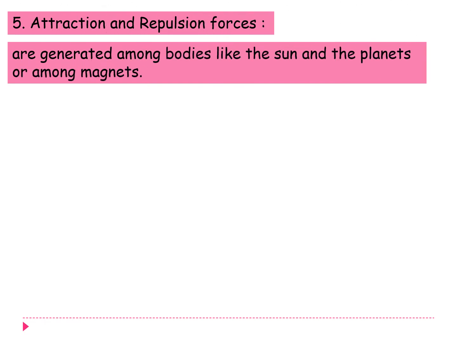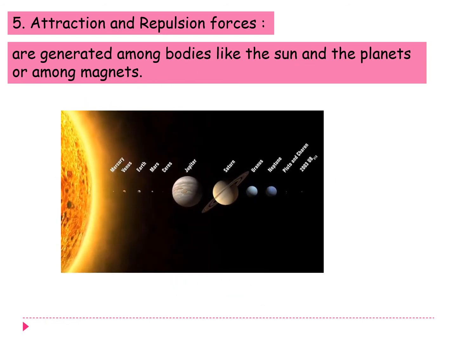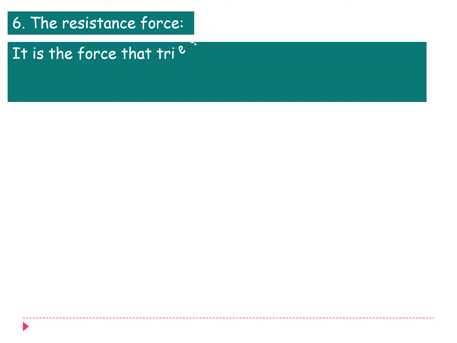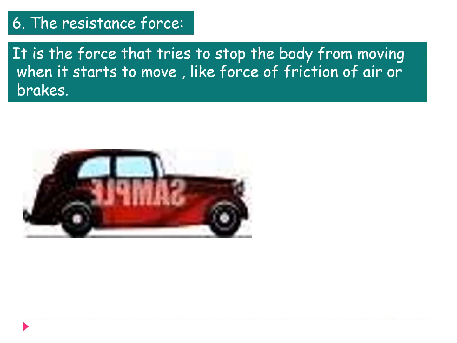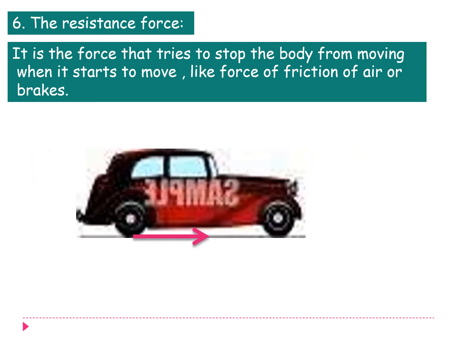This force is generated among bodies like the sun and the planets, or among magnets. Number six, the resistance force. It is a force that tries to stop the body from moving when it starts to move, like the force of friction, of air, or brakes. This is called friction force, and this is called resistance of the air.